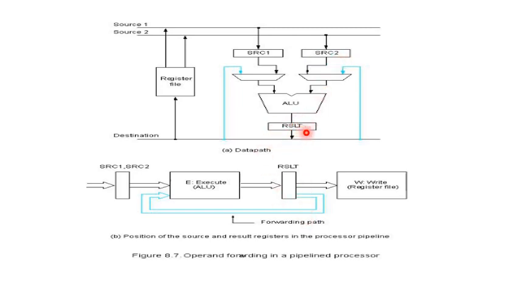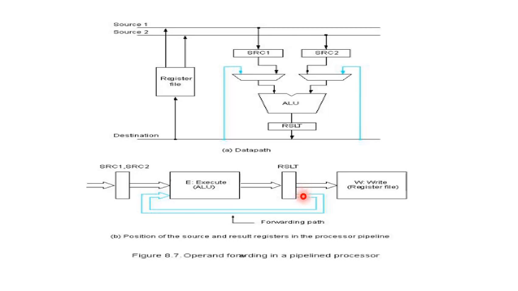These registers constitute the interstage buffers needed for pipelining operations, as shown in this figure. With reference to this figure, source registers 1 and 2 are part of buffer 2, and the result register RSLT is part of buffer 3.